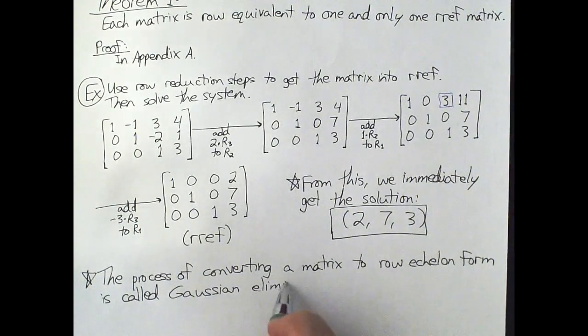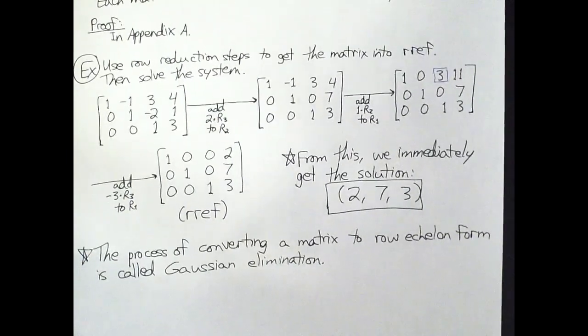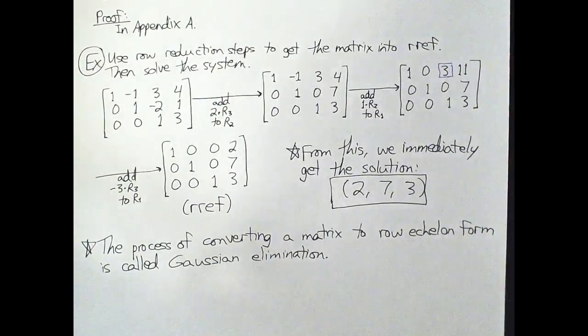I'm just restating it here to go with the things we're about to say. So when you convert a matrix to row echelon form using these kinds of steps, it's Gaussian elimination.